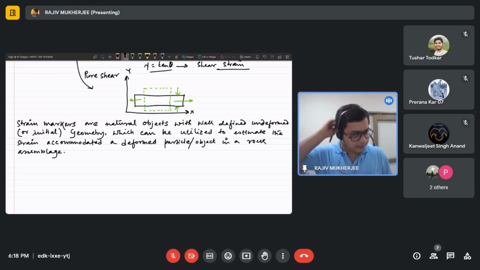Now ideally there can be 6 different kinds of strain markers, so we can list them one by one.